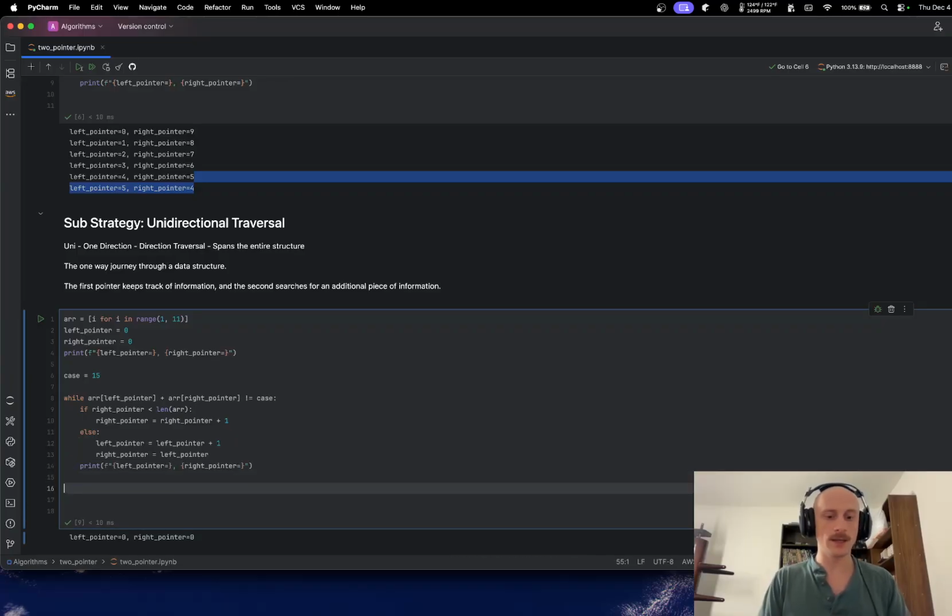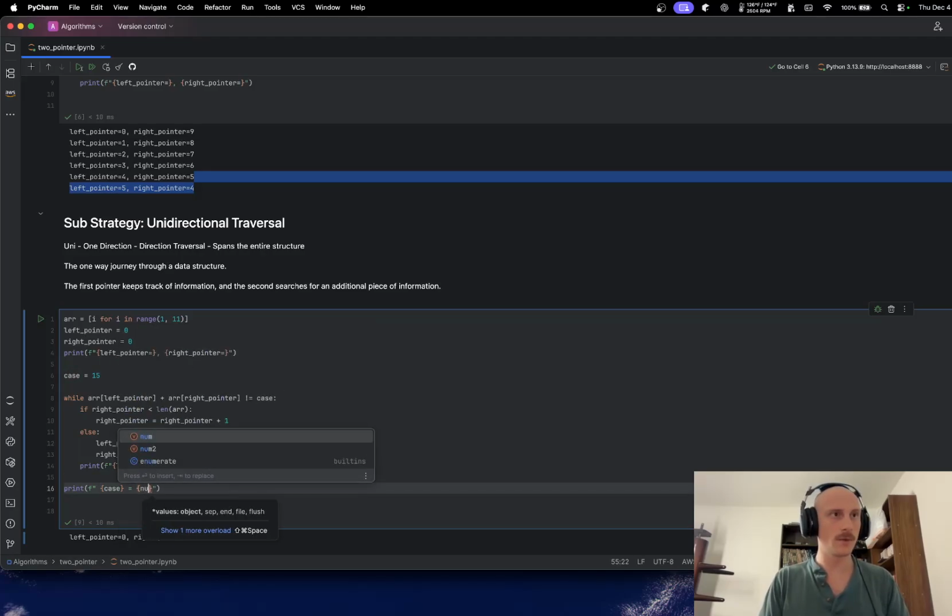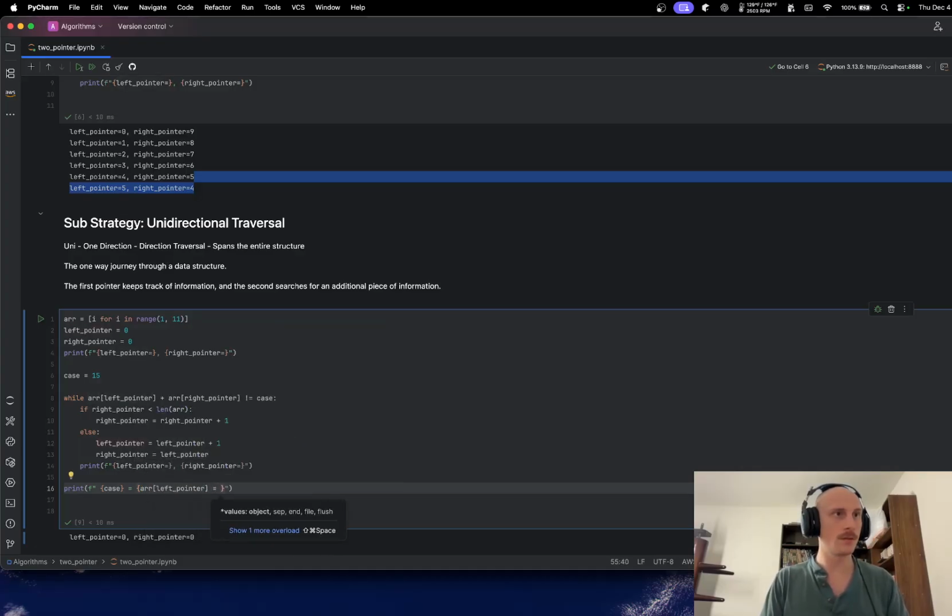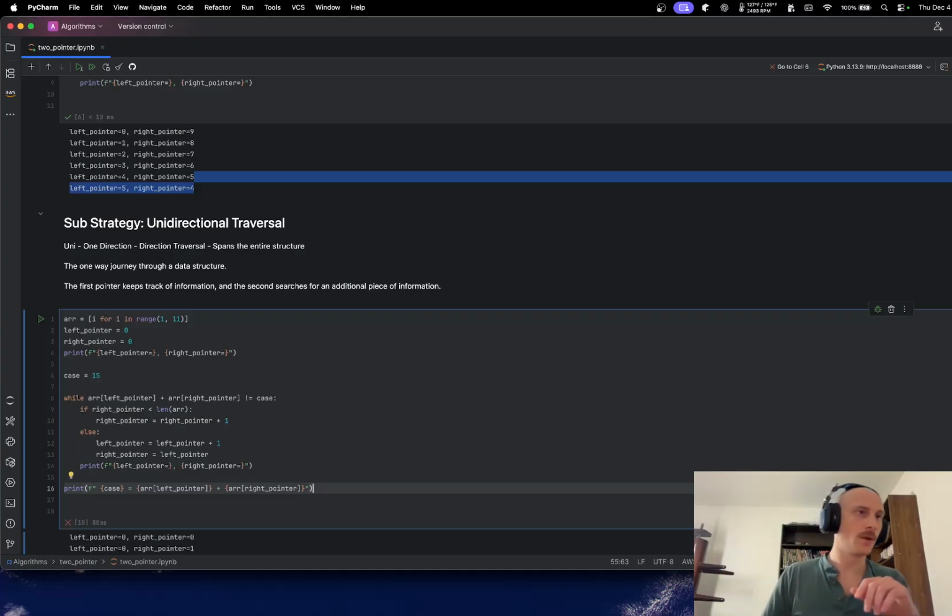And then at the end, we're going to have a print statement that says f-string: our case is equal to number array, bracket left pointer, plus array bracket right pointer.